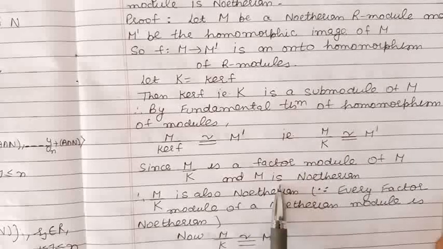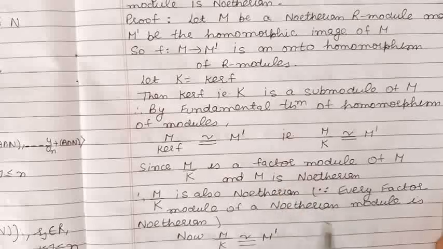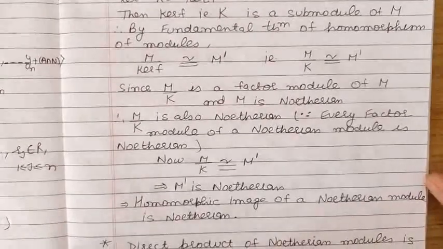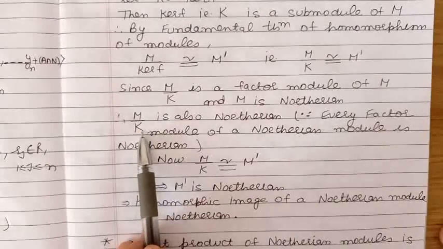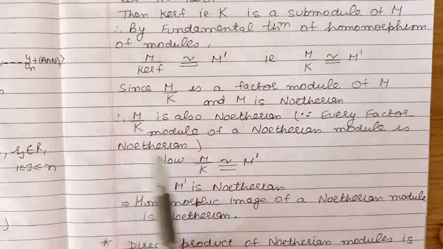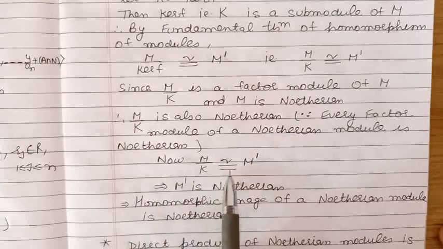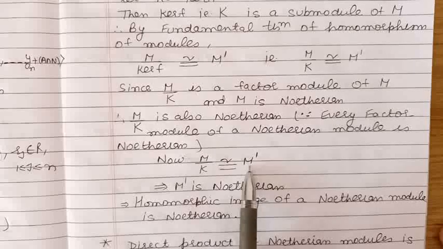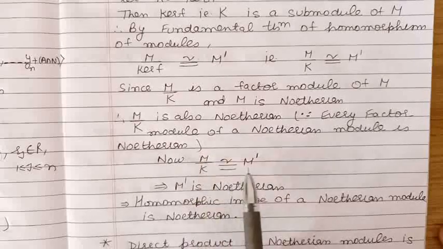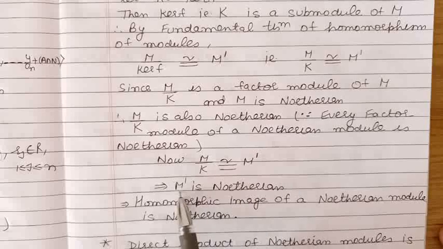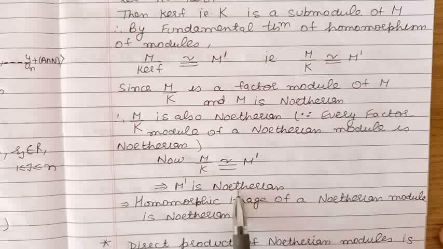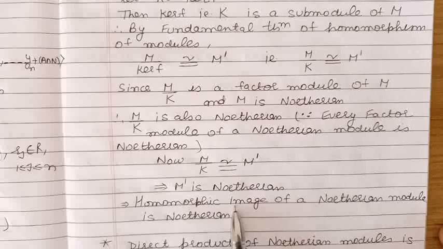We already discussed in yesterday's lecture that a factor module of a noetherian module is noetherian, and therefore the factor module M by K is noetherian. Because M by K is isomorphic to M dash, and this is noetherian, M dash, being isomorphic to a noetherian module, will be noetherian. So this proves that M dash is noetherian. So we have proved every homomorphic image of a noetherian module is noetherian.